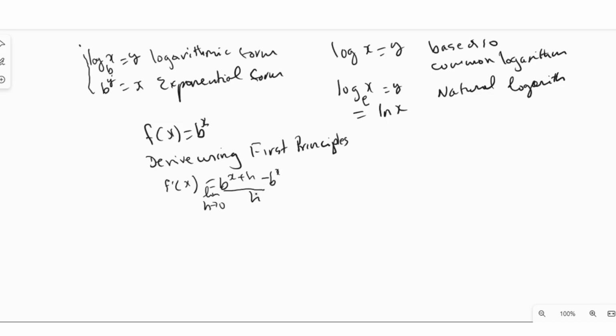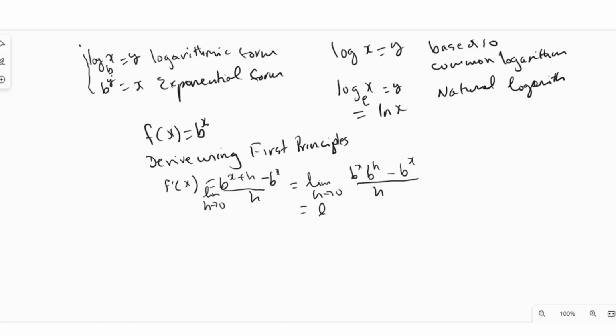Instead of x, I substitute x plus h. Then this is equal to the limit as h approaches 0 of b to the power x times b to the power h minus b to the power of x, over h.